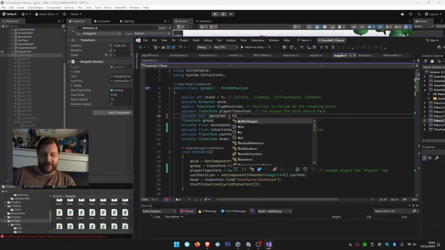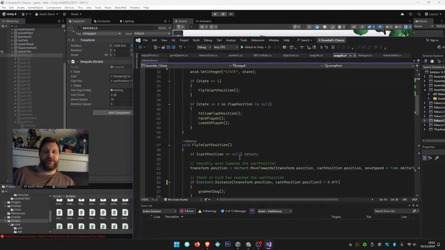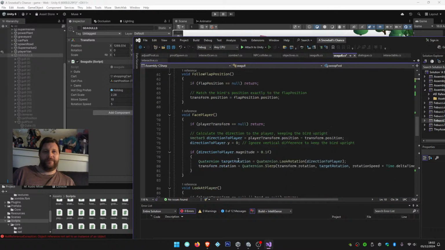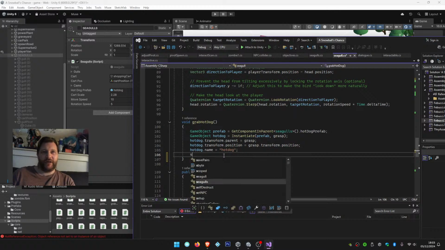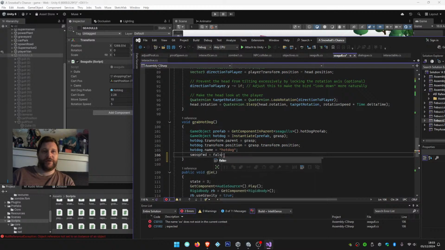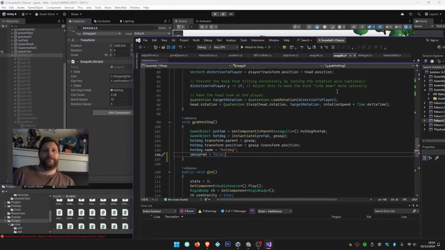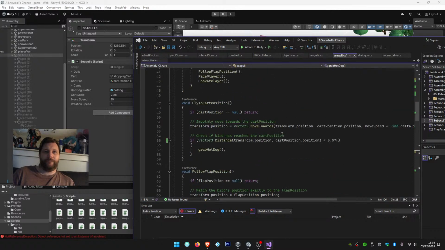Okay, what I'm going to do instead, I'm going to give them a bool called swoop forward. While swoop forward is true, they haven't yet obtained a hot dog. So when they obtain a hot dog and reach the cart, we're going to set swoop forward to false. So they now want to swoop backwards to their fly position.